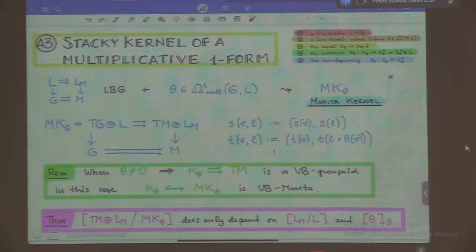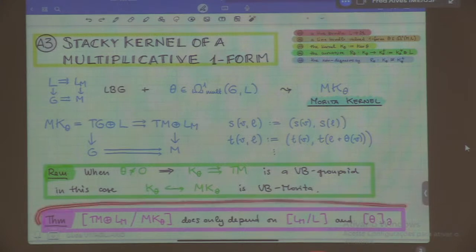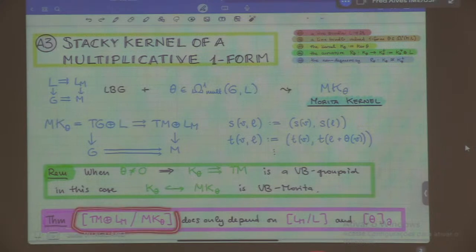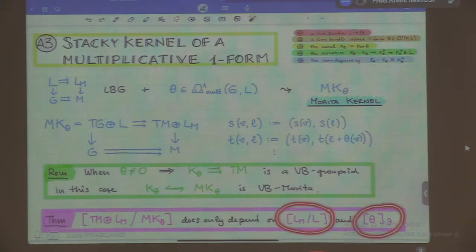Well, first, we also need this notion to be Morita invariant. And it turns out that this is actually Morita invariant in the sense of this theorem. The VB Morita class of our Morita kernel only depends on the VB Morita class of the line bundle groupoid and the simplicial cohomology class of the one-form.